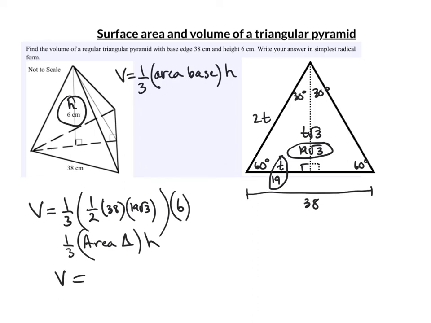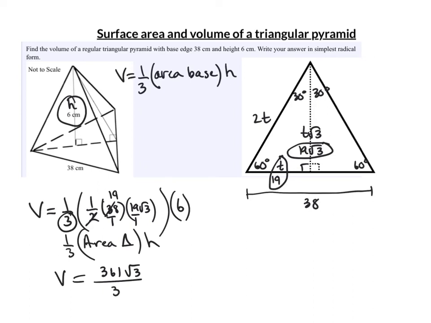I would try to simplify some of the fractions first. Remember that the 38 is over 1 and the 19 is over 1, as is the root 3. The 2 and the 38 cancel. That 2 goes into 38 19 times. 19 times 19 is 361. So we have 361 root 3 over, and then we still have this 3.